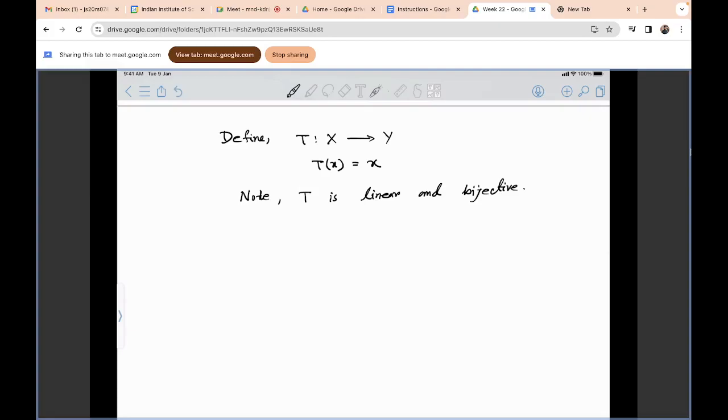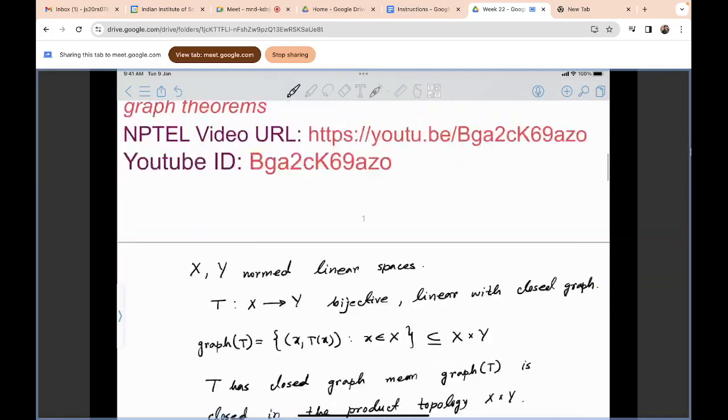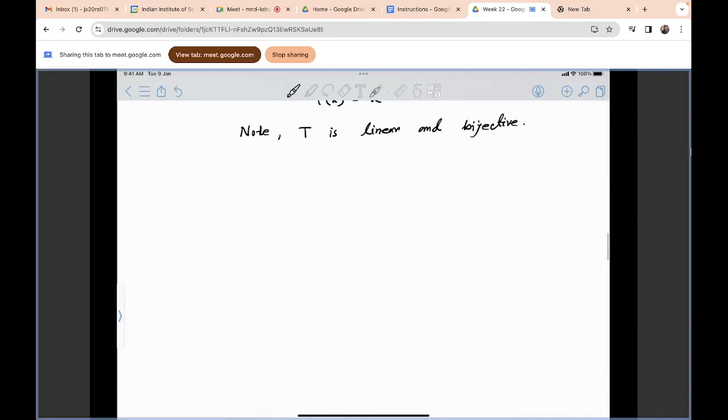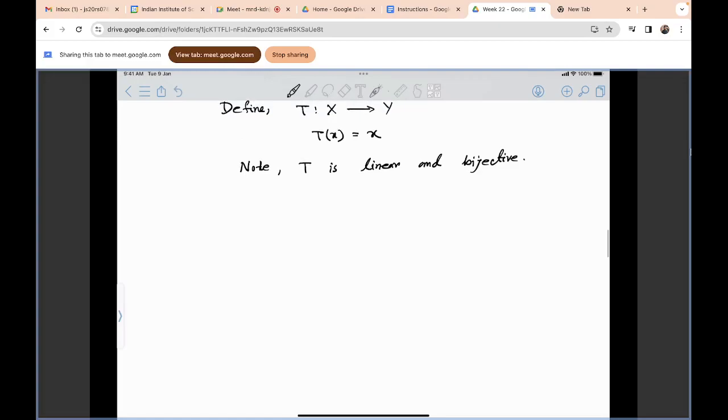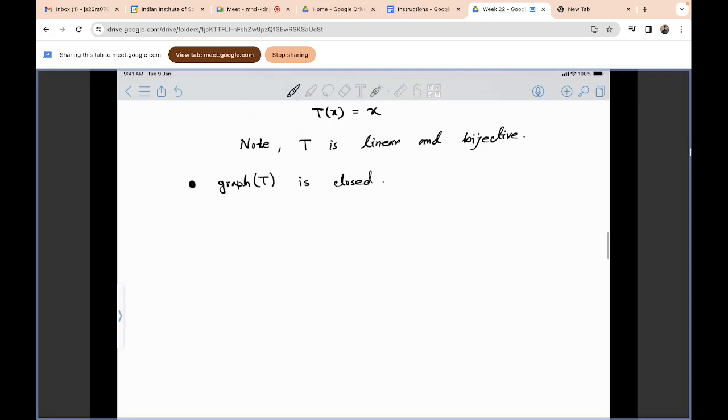Again we also have to check that the graph of T is closed. So let's check that the graph of T is closed. So why is the graph of T closed?